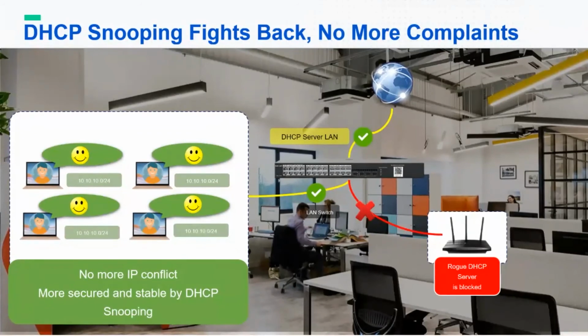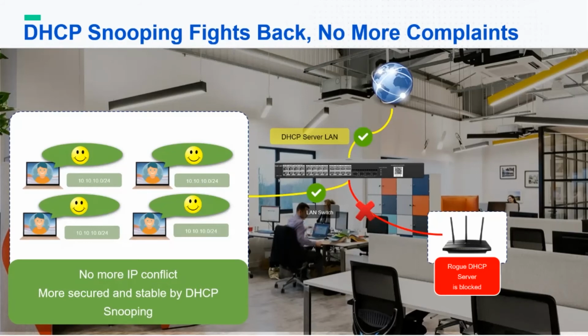We have a feature called DHCP Snooping. With DHCP Snooping, we have one trusted DHCP server in your network, maybe your gateway, your core switch, or your dedicated DHCP server. And we only trust that DHCP server.